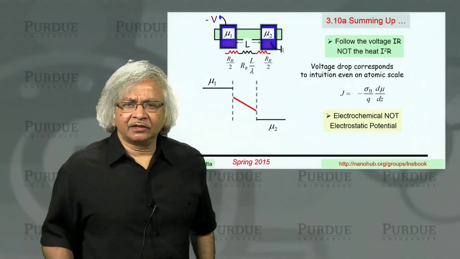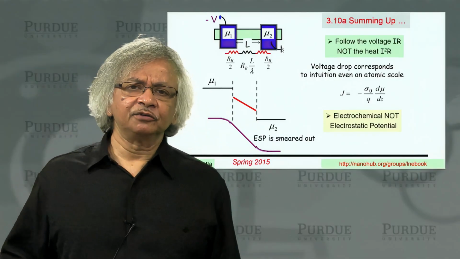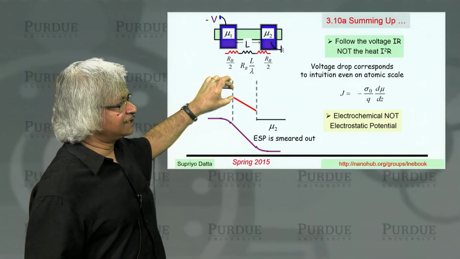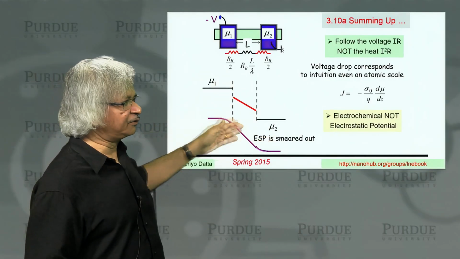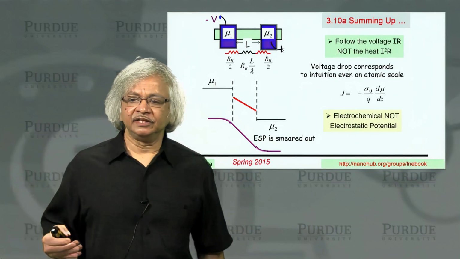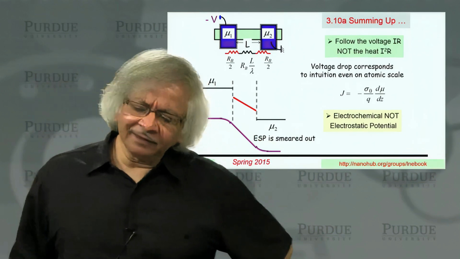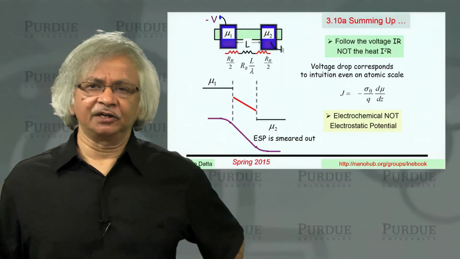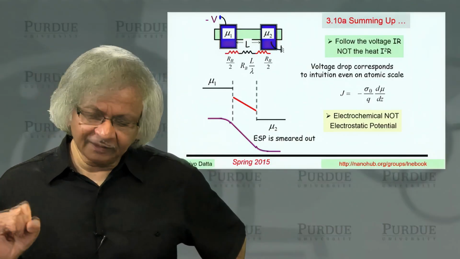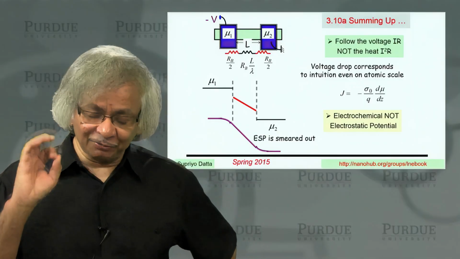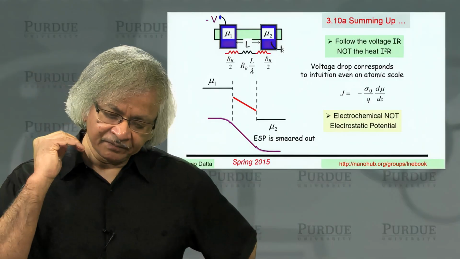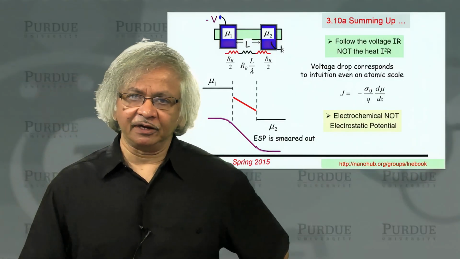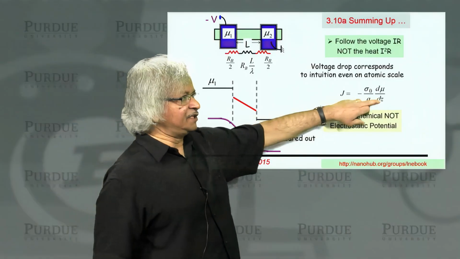On the other hand, if you looked at the electrostatic potentials, you'd see it is often smeared out, and so it wouldn't have this information that we talked about. It would tend to get smeared out by a screening length. More fundamentally, the electrostatic potential is not necessarily constant even at equilibrium, because what equilibrium statistical mechanics requires is that at equilibrium, the electrochemical potential should be the same everywhere, so that d mu dz should be zero.